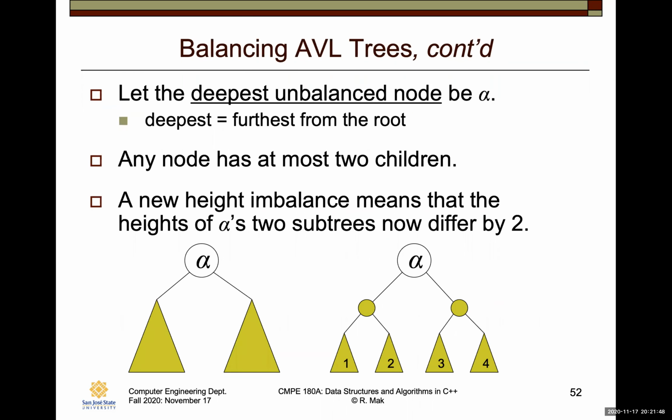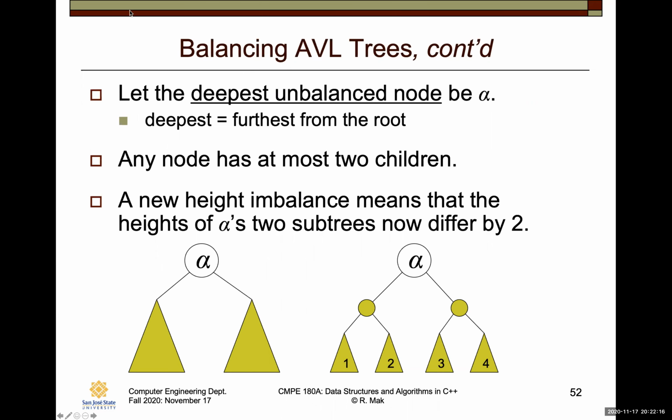So let's say that we now have a node alpha that is unbalanced because of our insertion, and it's the deepest node that is unbalanced. In other words, we found the unbalanced node that is furthest from the root.